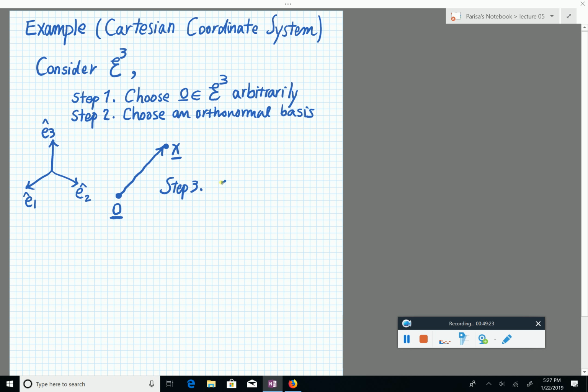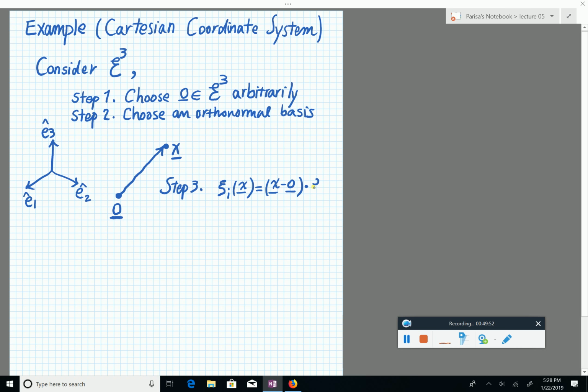Each coordinate map, which will be a function of X, would be the projection of this vector on the orthonormal basis. So we learned that if you have 2 points, the vector in between would be the point difference between them.